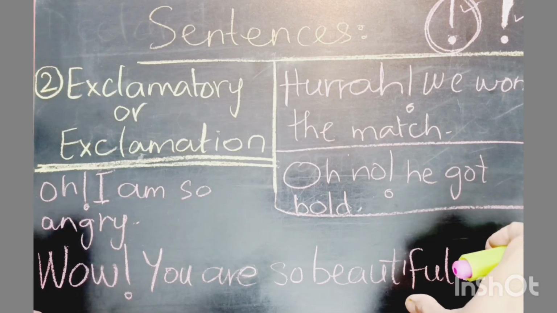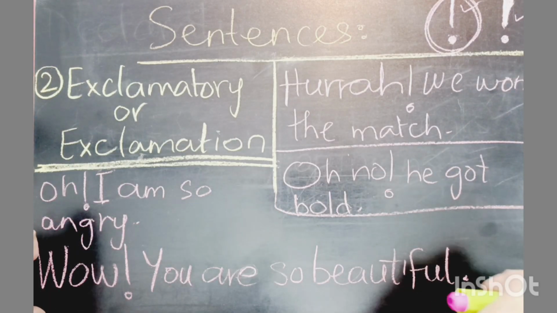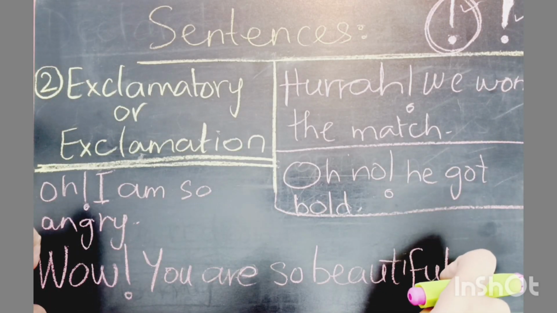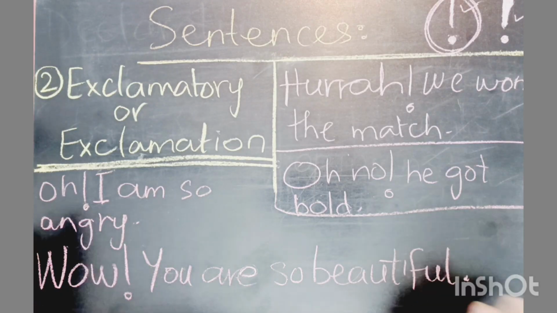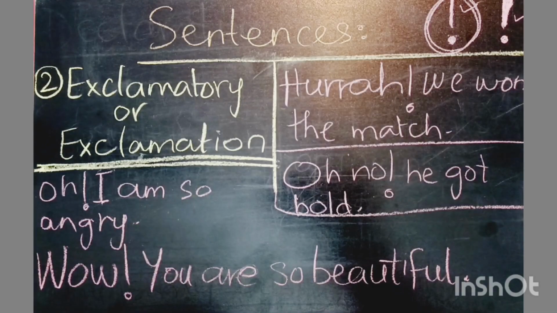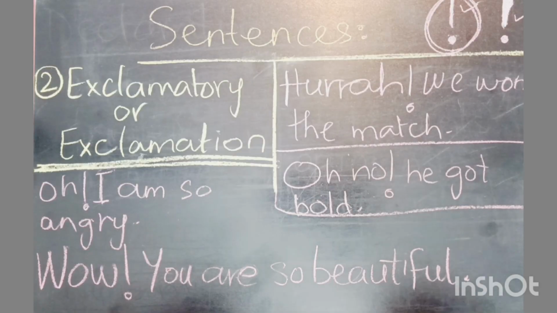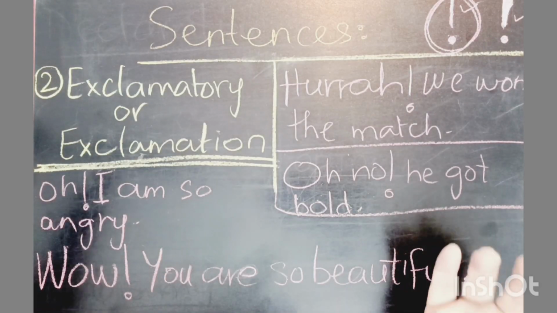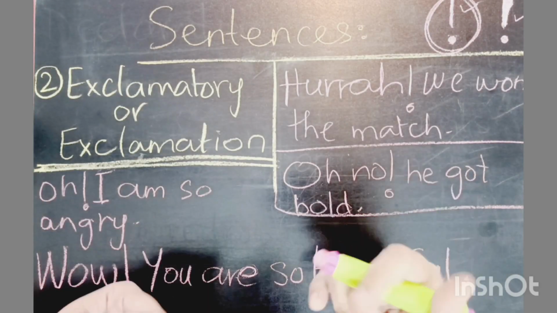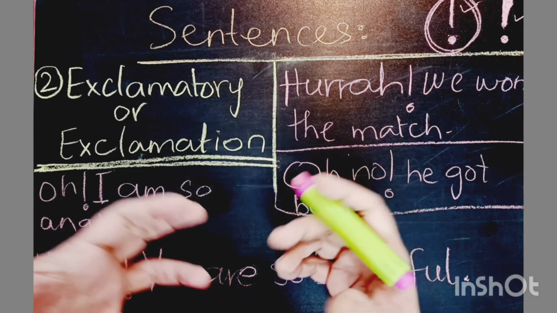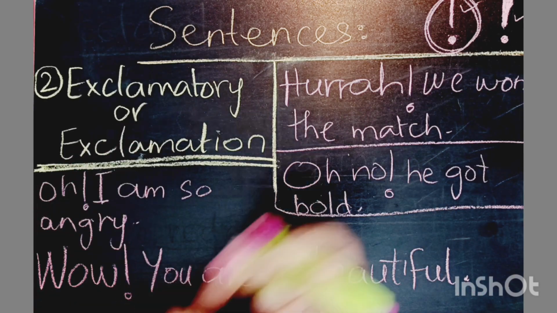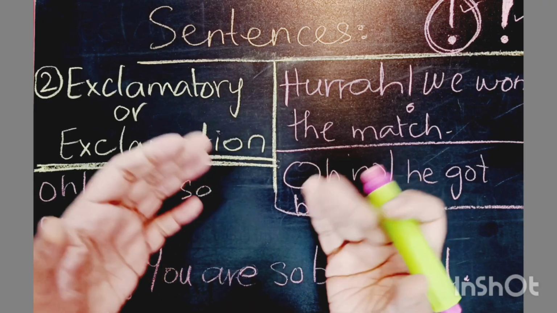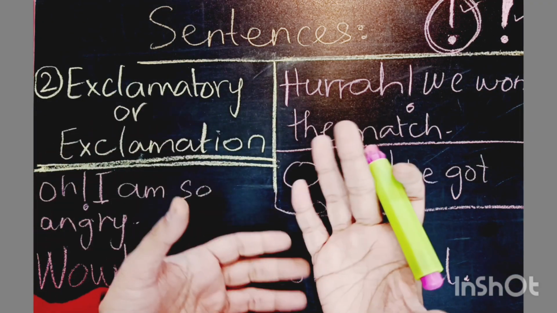Now, this sentence, wow, you are so beautiful, is showing us the admiration and praise. So, interjections are also a part of speech which shows the impressions or the admiration or praise of people watching or going through a very sudden situation.